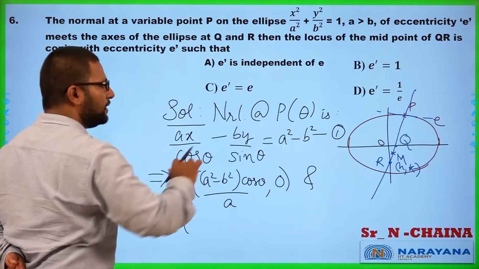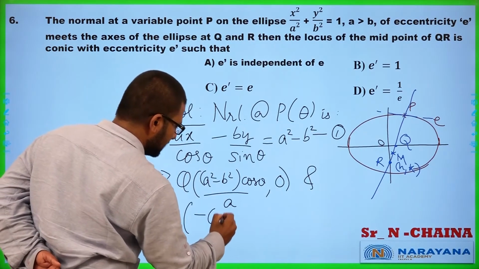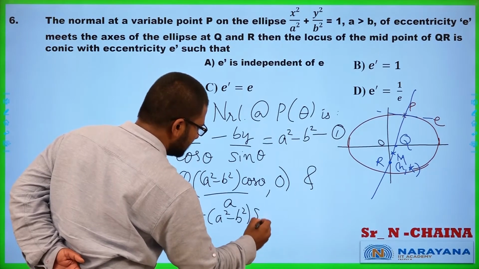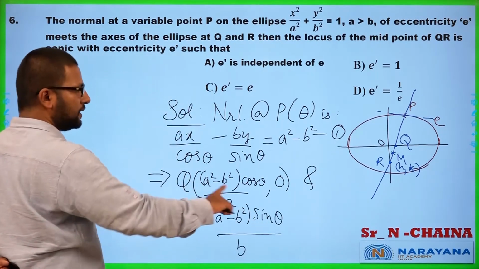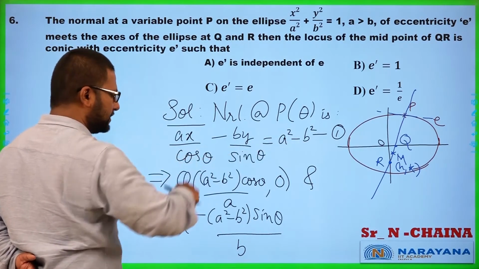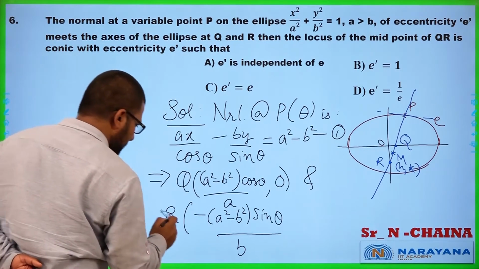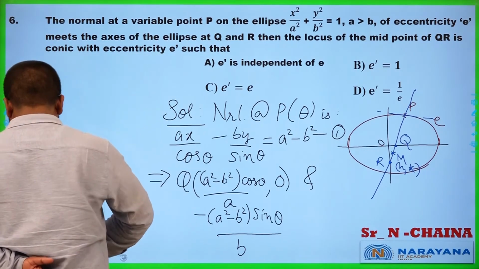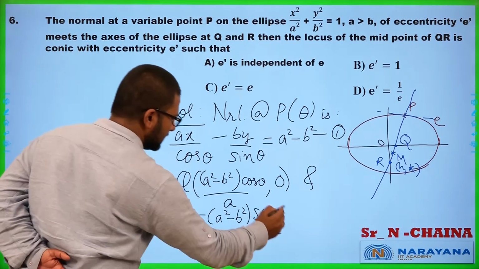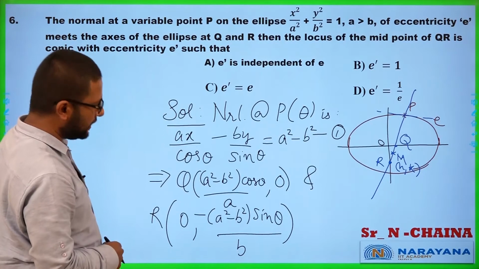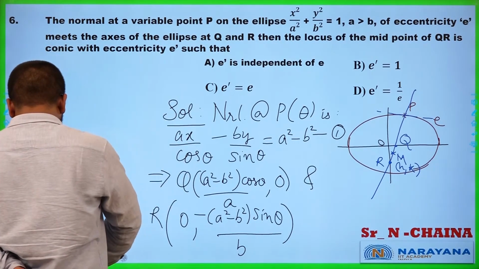and R is, once again bring this here, intercept form. But there is a minus there. So minus of a square minus b square sin theta upon b. But R, its x coordinate is 0. This is the y coordinate. Let us be careful about that. So this would be R, 0 comma this y coordinate. Now we need to write the coordinates of M, right?